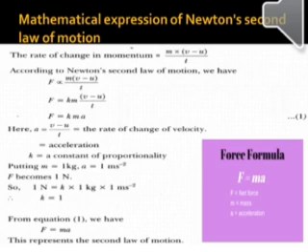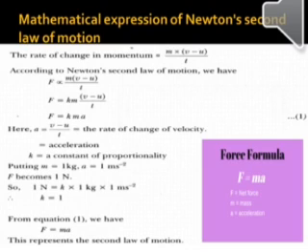Then the change in momentum is equal to P2 minus P1, that will be equal to mv minus mu, which is equal to m into (v minus u), as m is common. You already studied that momentum is the product of mass and velocity. Then the rate of change in momentum is equal to m into (v minus u) upon t.